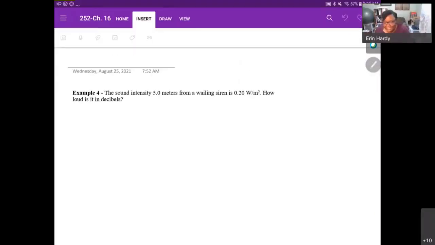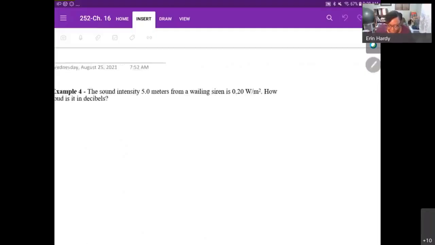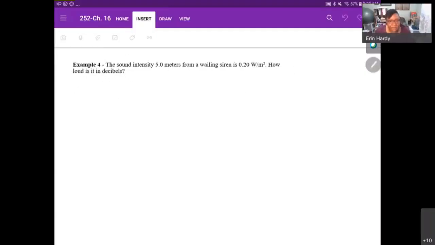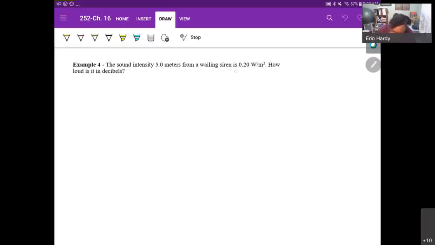Okay, so the sound intensity a known distance away from a wailing siren is 0.20 watts per square meter. How loud is it in decibels? So what we want to recognize is that this value, 0.20 watts per square meter, is the intensity.